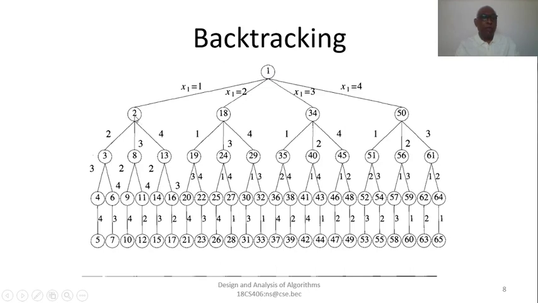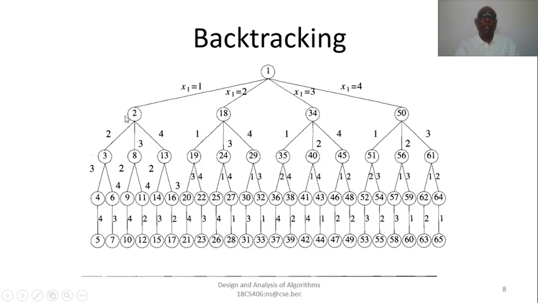At level 2, we explore all possible values of x2 and build the nodes corresponding to the values of x2. So x2 can possibly take the values of once again 1, 2, 3, 4.